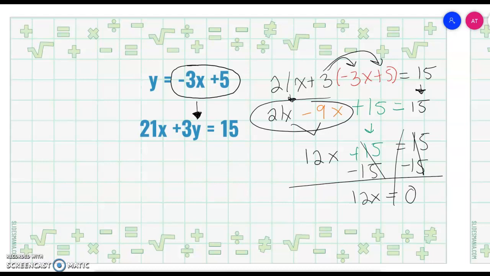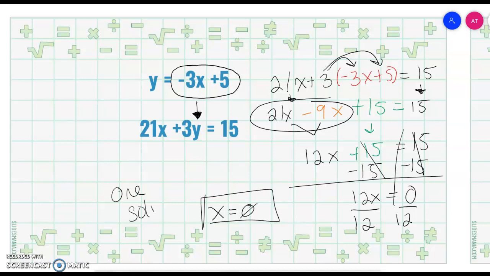Is x by itself? Nope. I gotta divide both sides by 12, regardless if it's a 0 on that side. Because x is gonna equal what? 0. 0 divided by anything is 0. So this is actually one solution. x can only equal 0 for this solution.